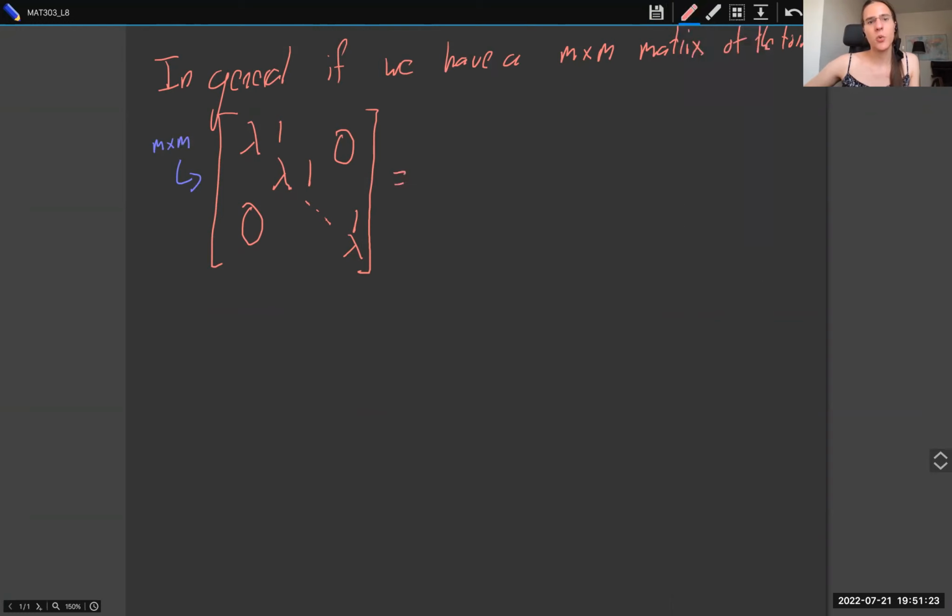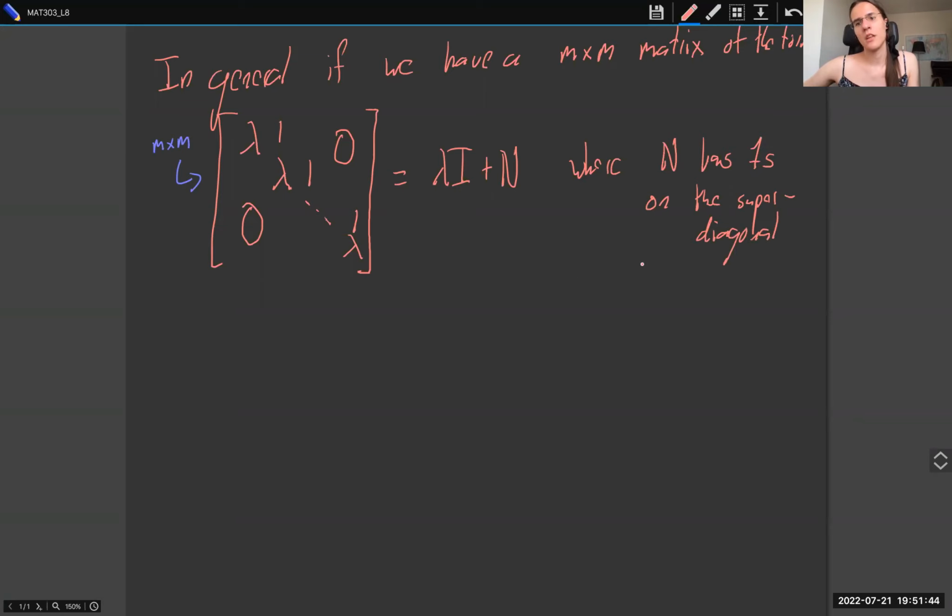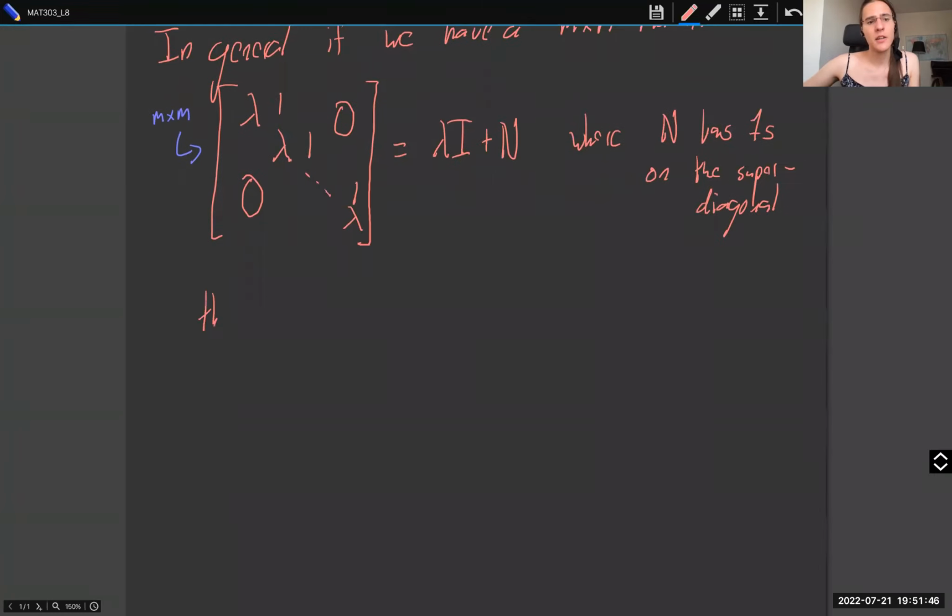Then that's equal to lambda I plus N, where N has ones on the super diagonal. Then N to the m is equal to 0.